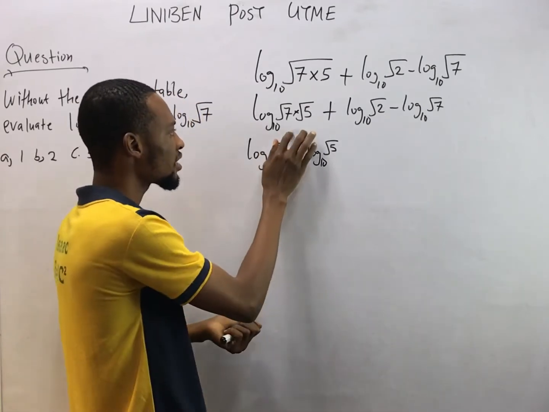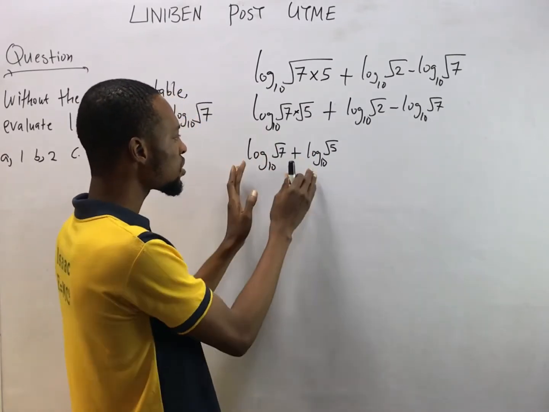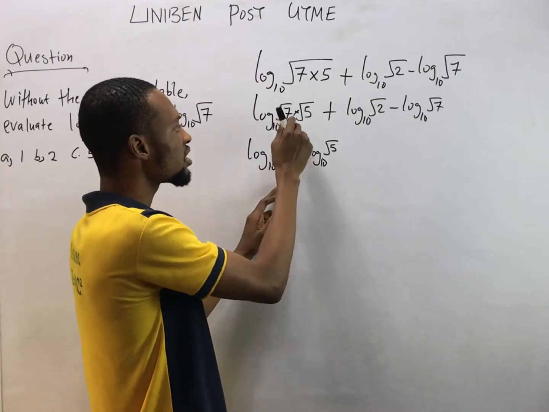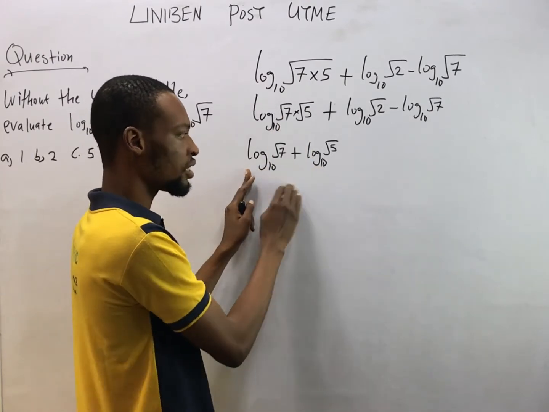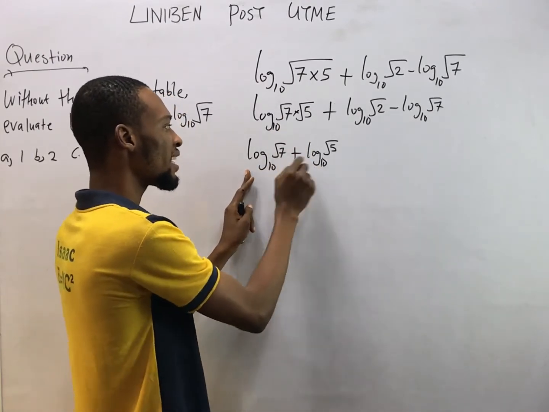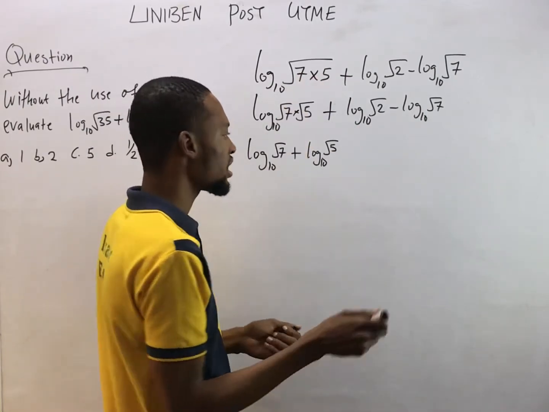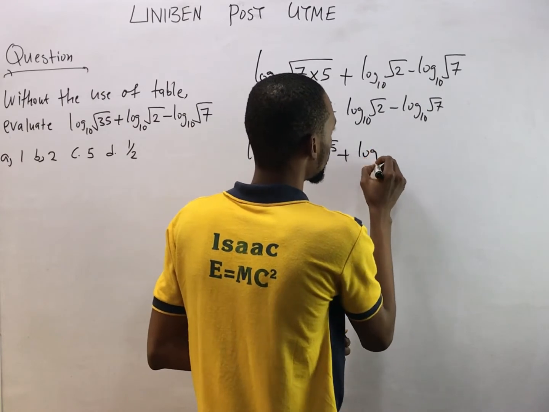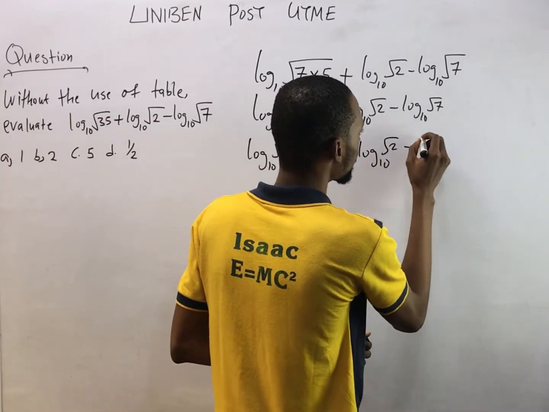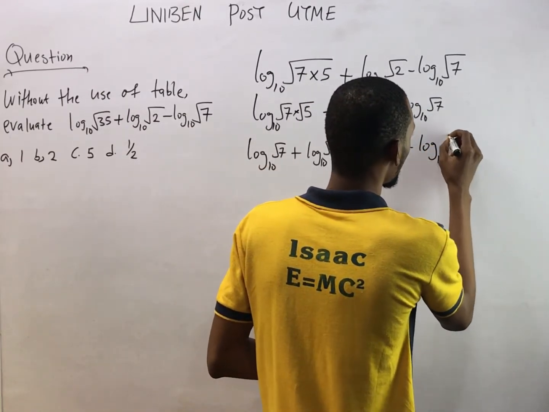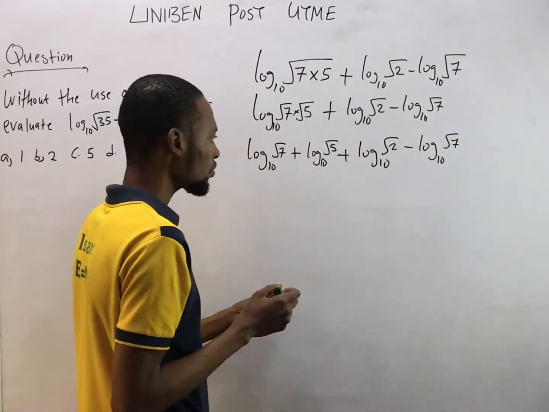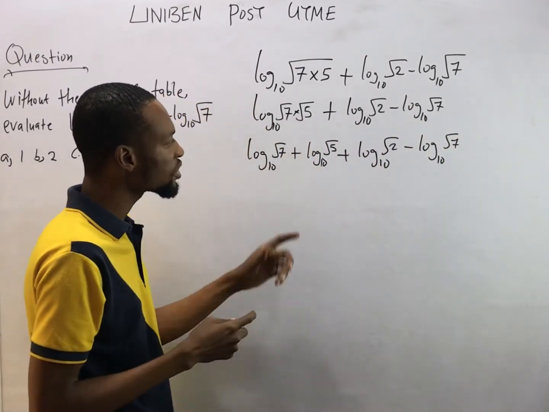So this can be written in this form. And if you're also given this, you can put it in that form. You take one of the base, you multiply this log, then you arrive at this. Then plus log 10 root 2 minus log 10 root 7. Now, you notice something.